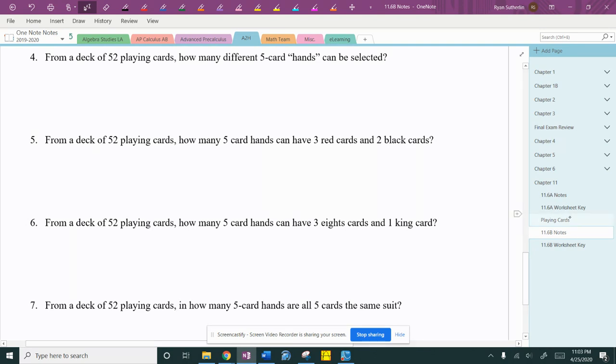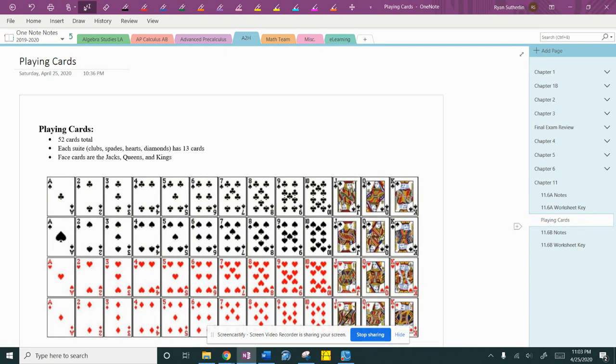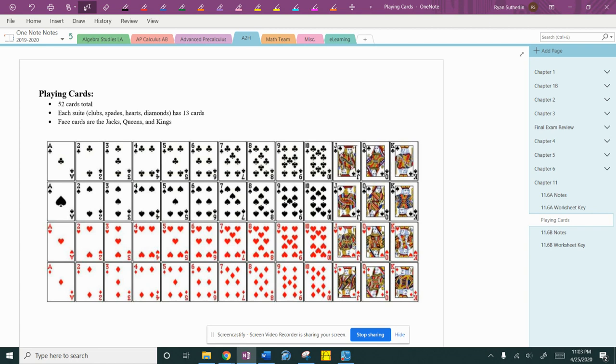Now, I've linked this to the assignment sheet, but here is a little cheat sheet for you for playing cards. When we talk about playing cards, there are 52 cards total. Each of these things is called a suit. Like these are the clubs, these are the spades, these are the hearts, and these are the diamonds.